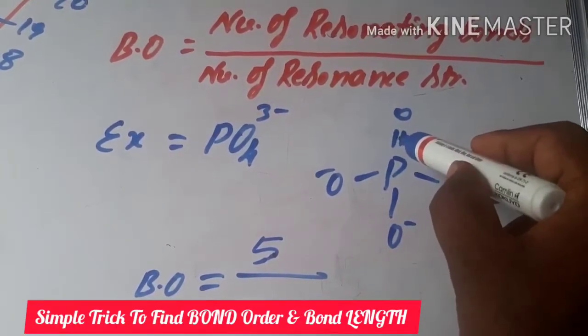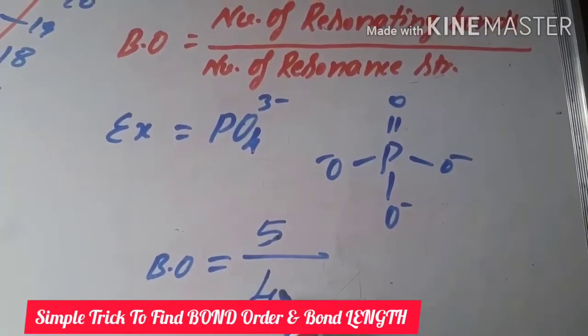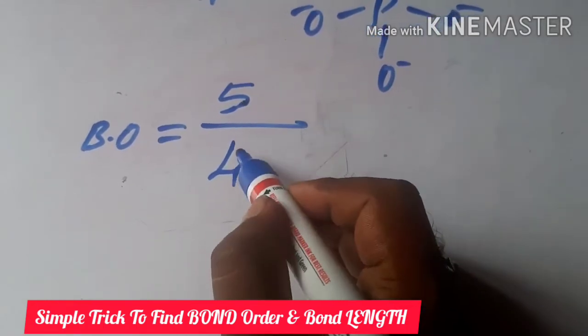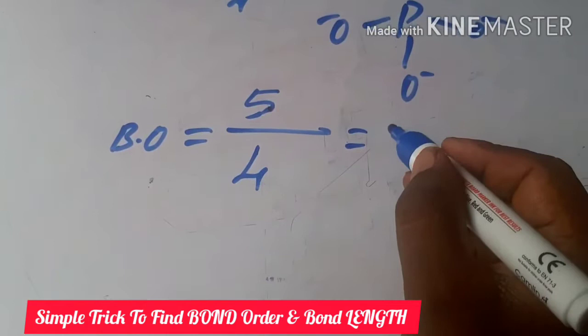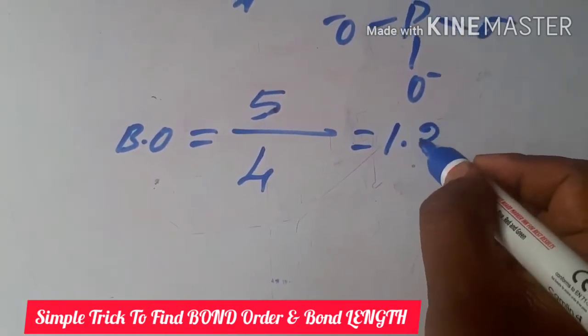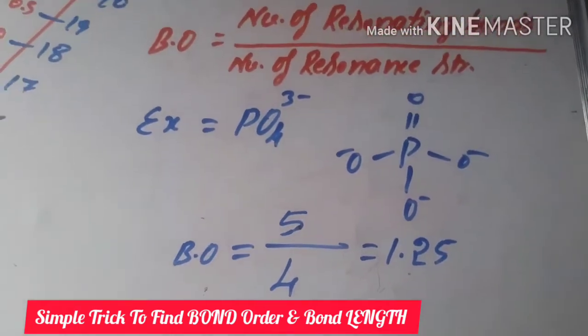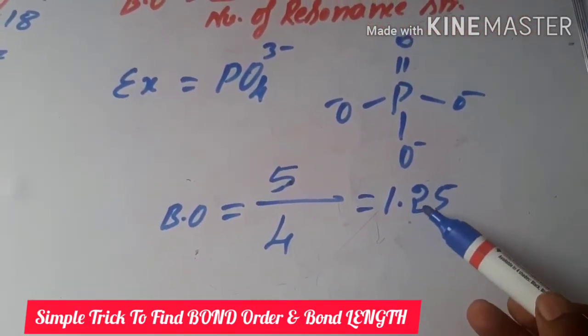The double bond is also considered as 1, so 1, 2, 3, 4. 5 divided by 4, then you get bond order 1.25. Therefore, the PO4 3 minus bond order is 1.25.